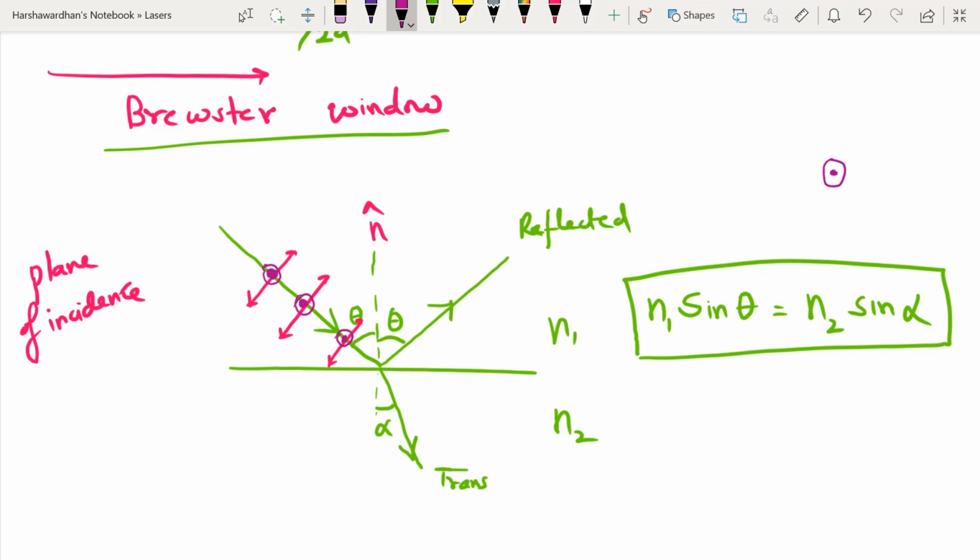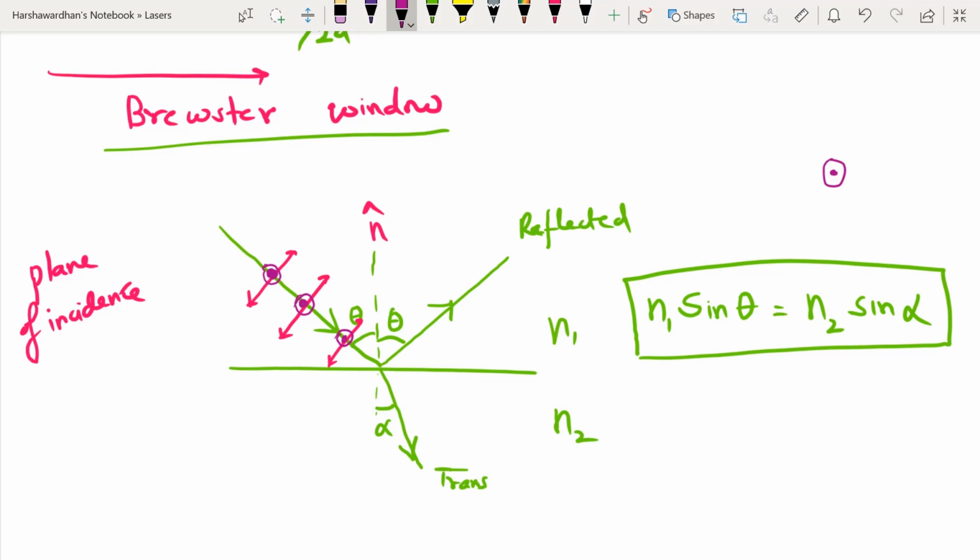When I say dot, it means that the electric field vector is coming out perpendicular from the surface of this board. So there are these two polarizations which are input, and you see that different amounts of the light get reflected. For example, the reflected field might have different amounts of these in-plane and out-of-plane polarizations.